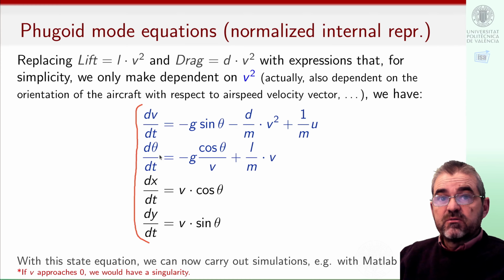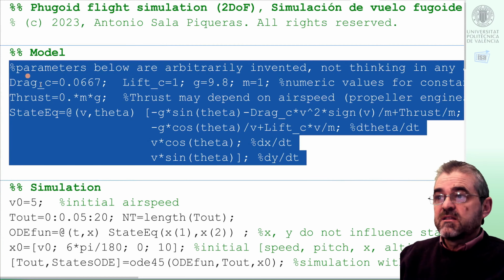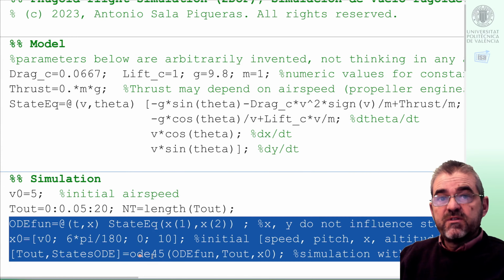Note that the top two ones in blue can be solved independently of the Cartesian position ones, the bottom black equations. Also, in another video, we explained how, setting some values for the constant parameters and the thrust and writing the state equation, this ODE45 code was able to carry out the simulation.